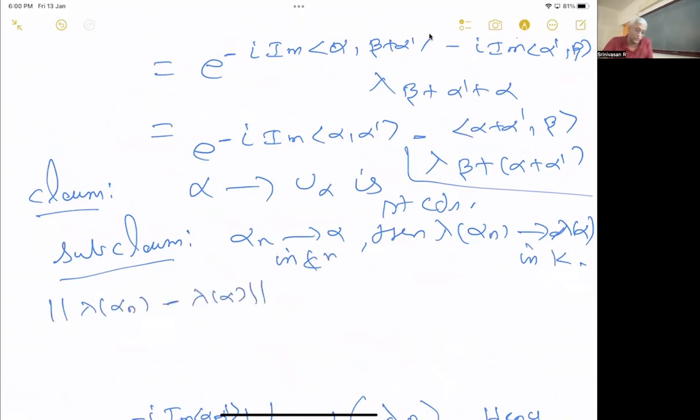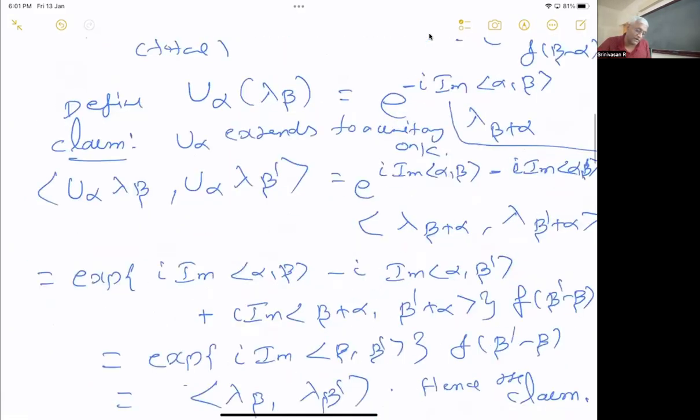We have to prove that this goes to 0 as alpha n goes to alpha. But there is no way of controlling this, we only know the inner products. Whenever you want to prove something in norm using inner products, you take the square. That's the usual trick in Hilbert space. So this will be norm of lambda alpha n square. We have this condition, our inner product is defined by this.